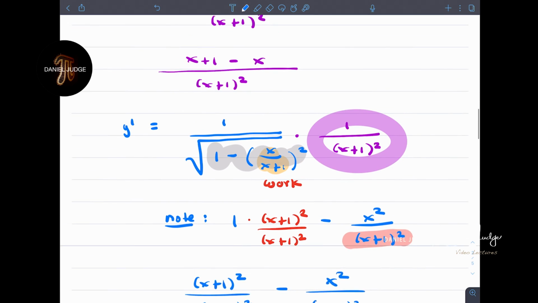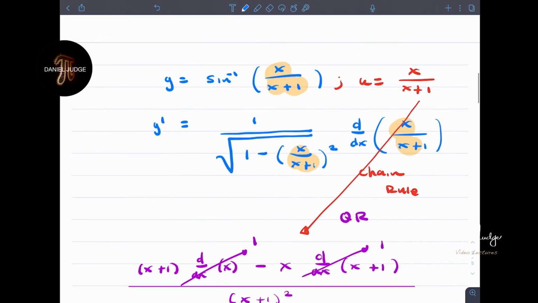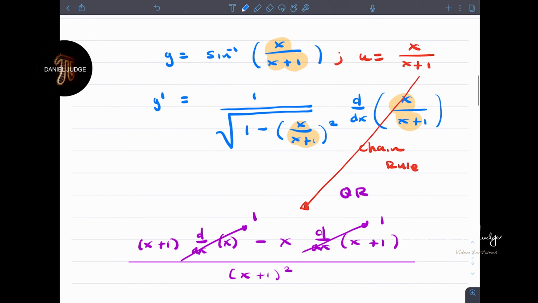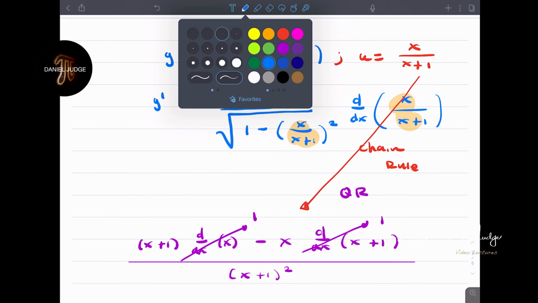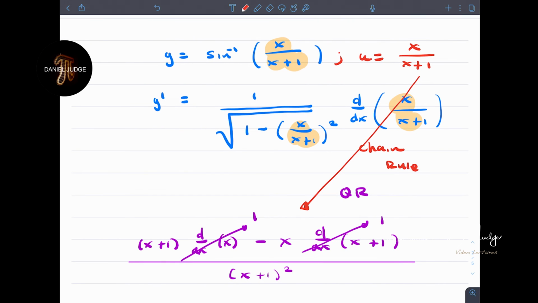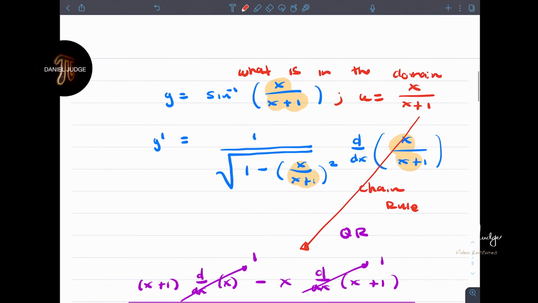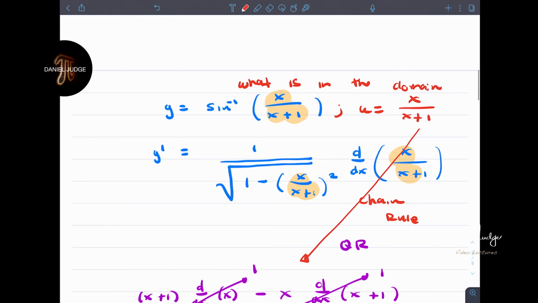Now let's remember a few things here. The inverse sine function, if I ask you this question here, what's the domain here? What is in the domain of this function? Inverse sine is defined for what values of x, if you remember that, what input values?